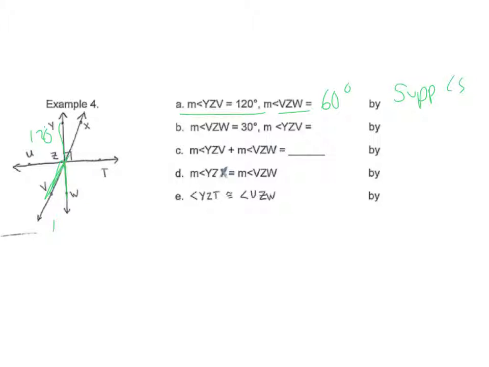They have to add up to 180. Okay, next one, if the measure of angle VZW is 30, so instead, if this is 30, so this is no longer 120, what does YZV have to be? Well, if this is 30, then this has to be 150 by supplementary angles.